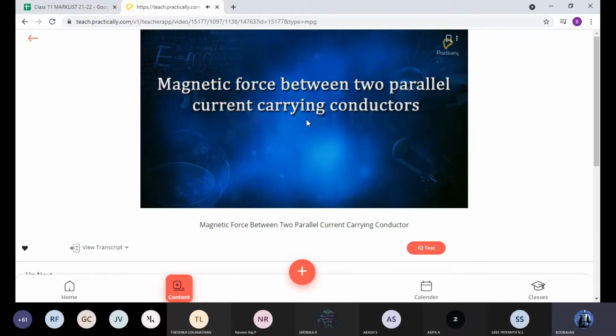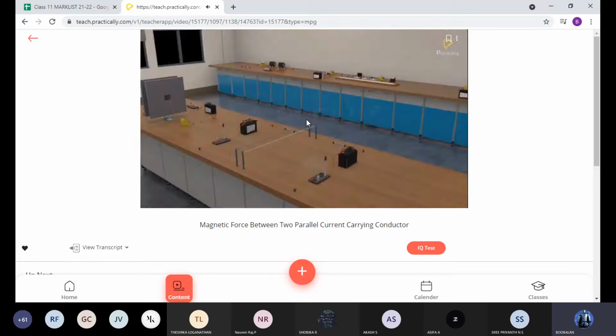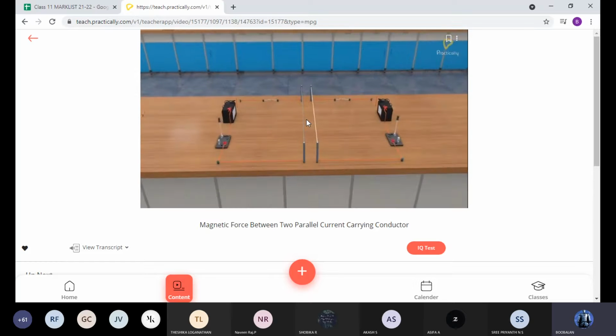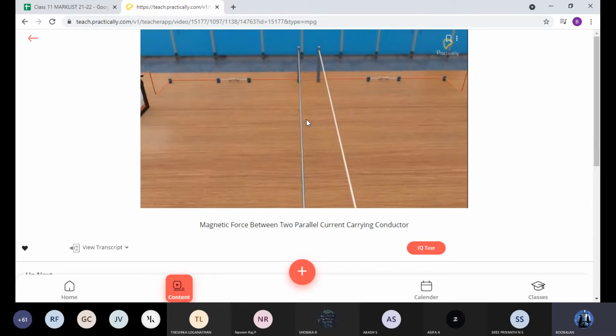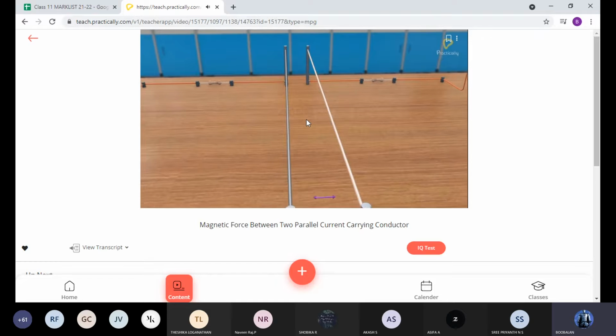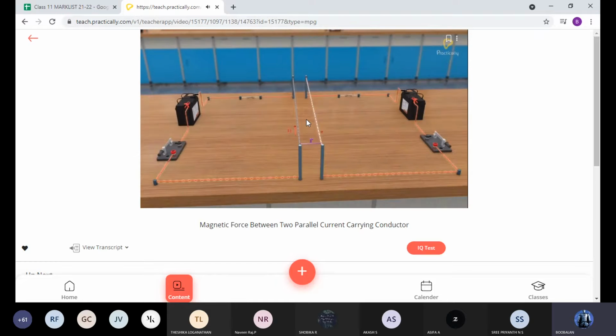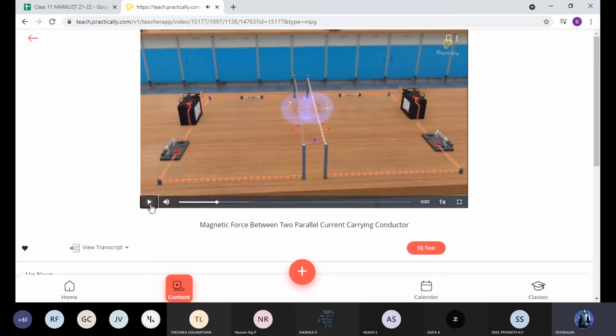Objective: to understand direction and magnitude of magnetic force that exists between two parallel currents. Consider two very long parallel conductors, separated by distance r, carrying currents I1 and I2 respectively. The current-carrying conductors create a magnetic field in the surrounding region.